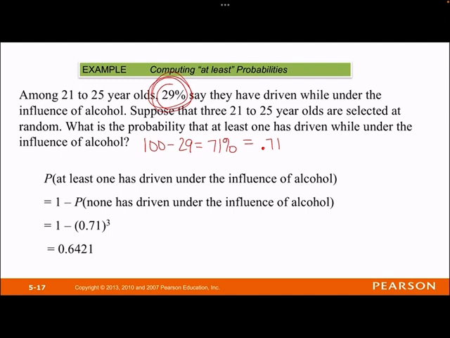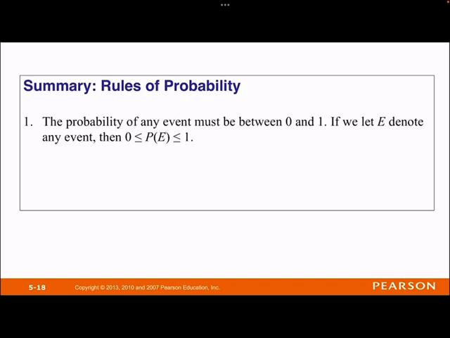Okay, so that's going to wrap up pretty much everything from 5.3. Now just a quick recap of everything we've spoken about in the past two videos, including this third video. The probability of any event must be a number between 0 and 1. If we let E denote any event, that means 0 is less than or equal to the probability of the event, which is less than or equal to 1.